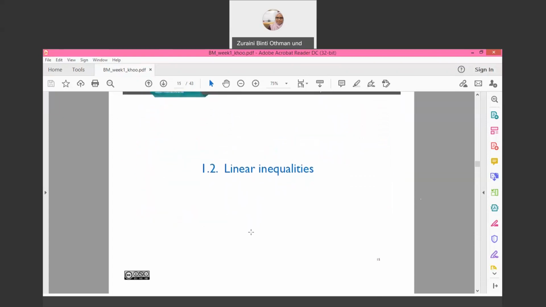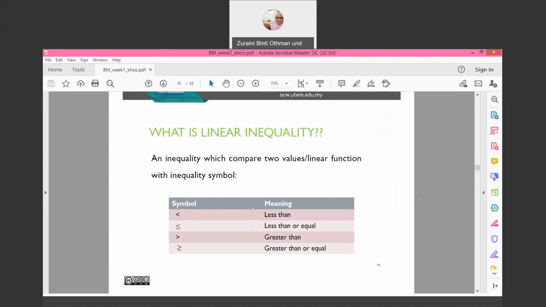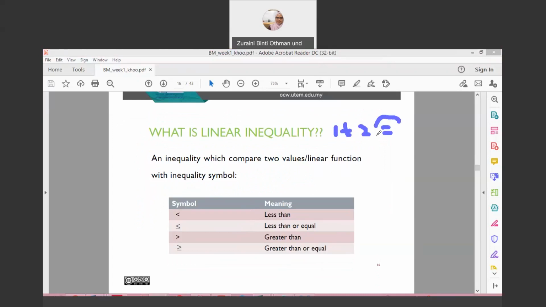Okay, so linear inequalities, what does it mean? Okay, inequality, ketaksamaan. Usually we see that 1 plus 2 is equal. This is persamaan. Okay, when we call it inequality, ketaksamaan, it can be less than, maksudnya 1 plus 2 is always less than 4.